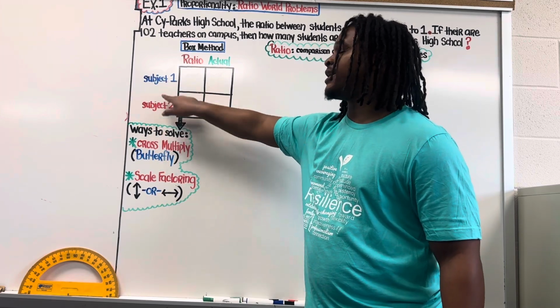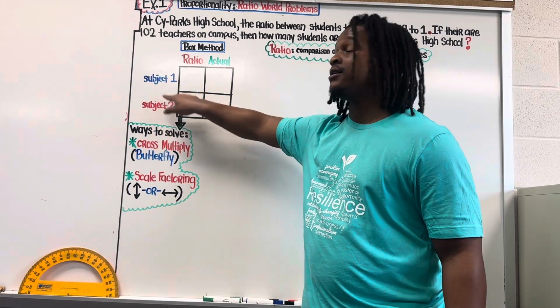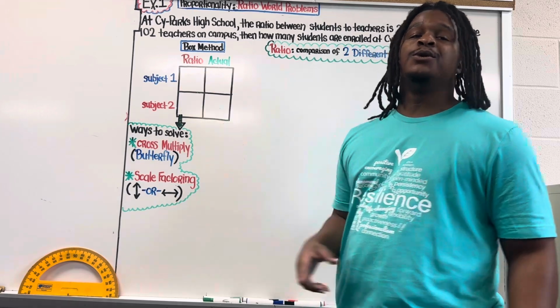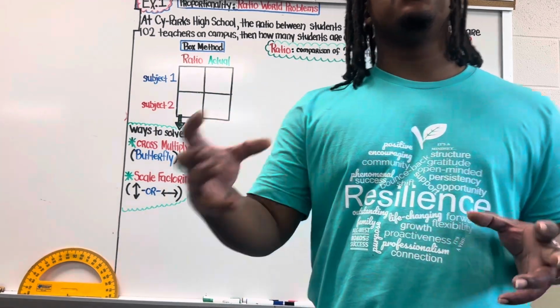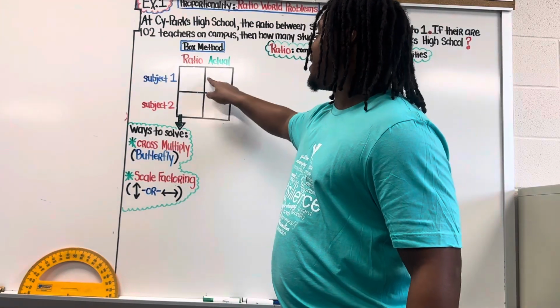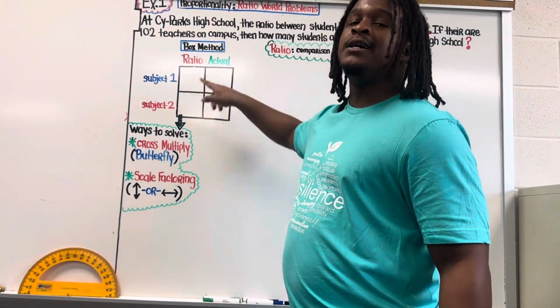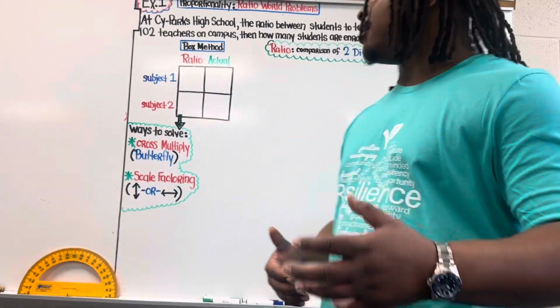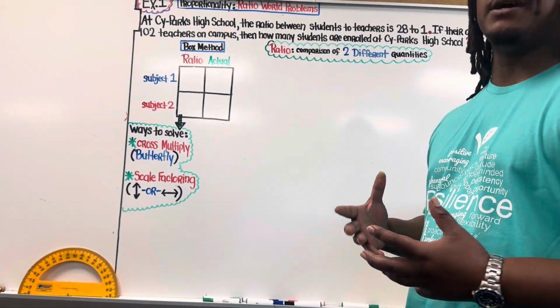These are the two quantities we are comparing. The first column is always the ratio column, which is the comparison between those two quantities in the simplest form. And this column is the actual column. That's where we're gonna put the actual quantities of the two different subjects that are being compared.